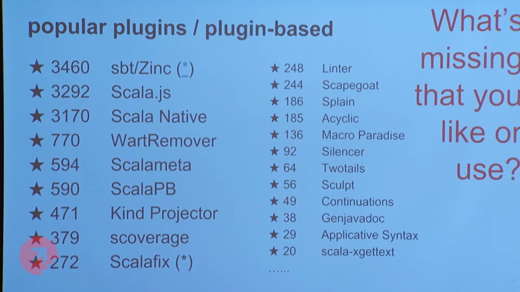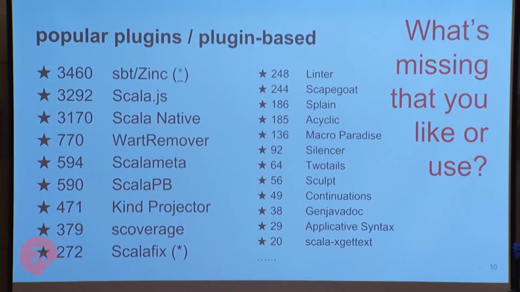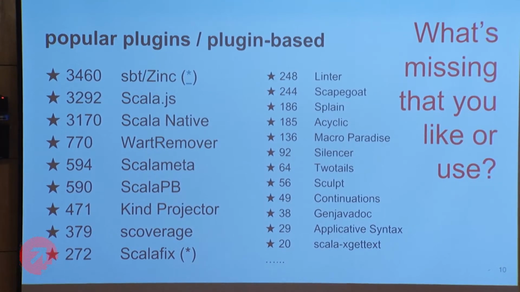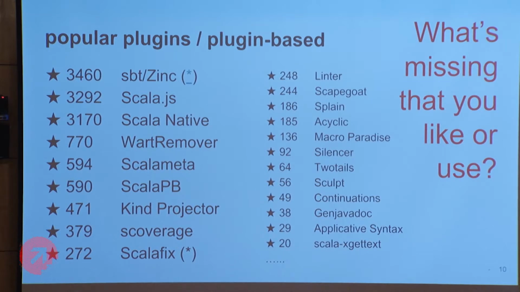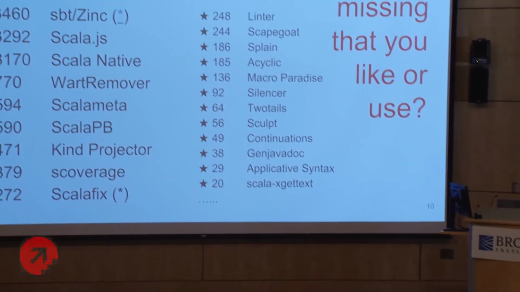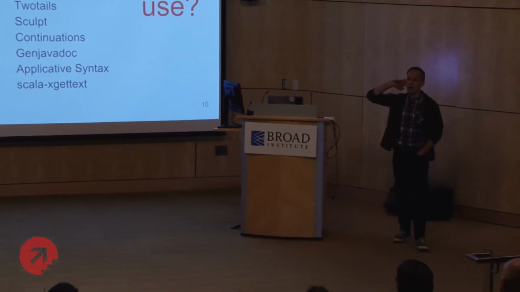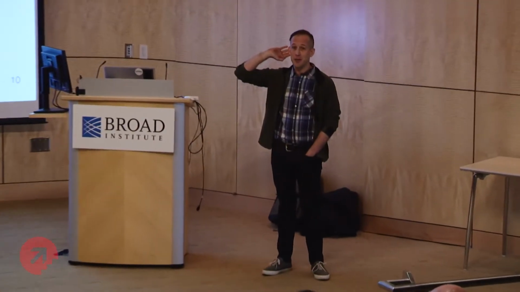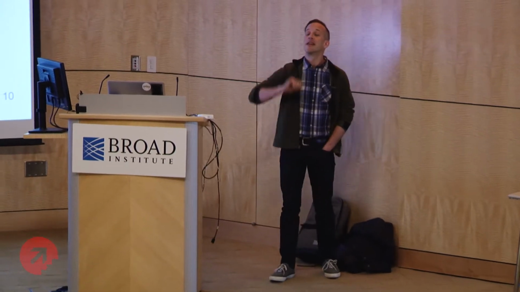Before I go any further, I'm just curious: is there any currently active plugin that you're using or that you like that's not on this list? Did I miss anything? Diesel for tagless final. Okay, Dan is telling me Diesel for tagless final. So I had heard of Diesel, but had no idea there was a compiler plugin in there. Thank you. Anything else? Yes.